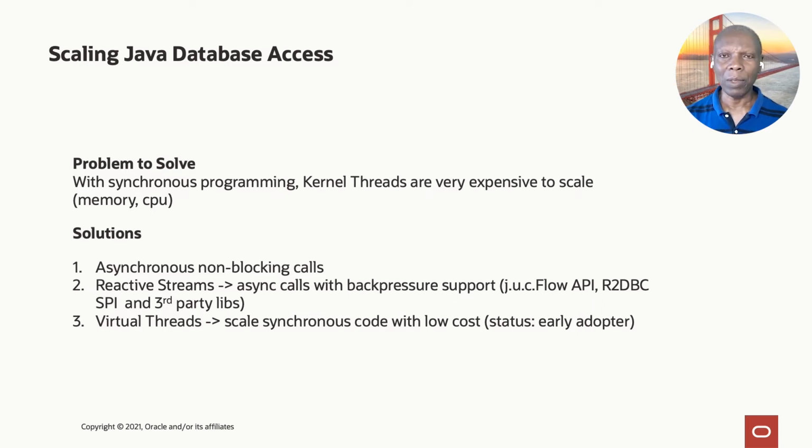So if you implement subscriber and publisher, you should be able to perform reactive streams with standard Java. Otherwise, you can use third-party libraries such as Reactor, RxJava, Akka Streams, Vert.x, etc. So there are many libraries that support that.